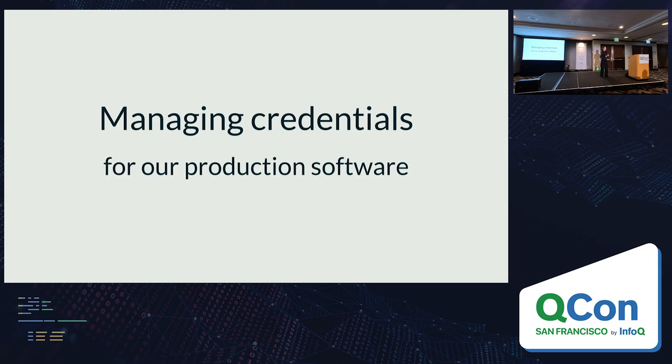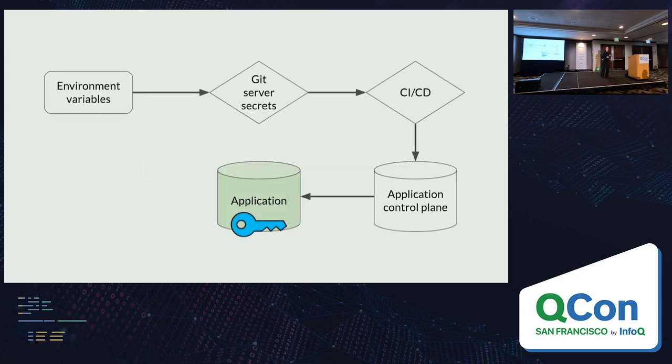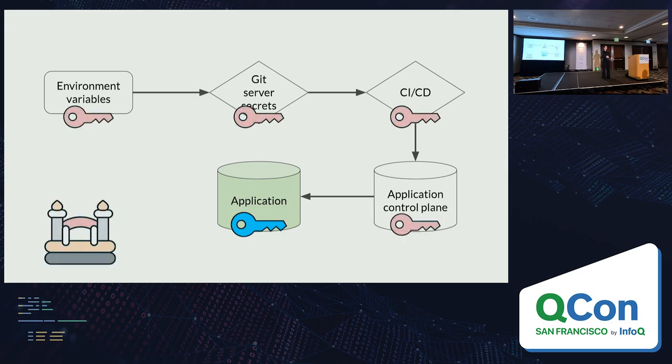One, sadly, still very common way is to use environment variables that get stored in our Git server secrets and injected into our pipeline and passed along our application control plane. Now, that is a lot of places where we're potentially exposing our credentials to parts of our infrastructure that don't even need to know about it.